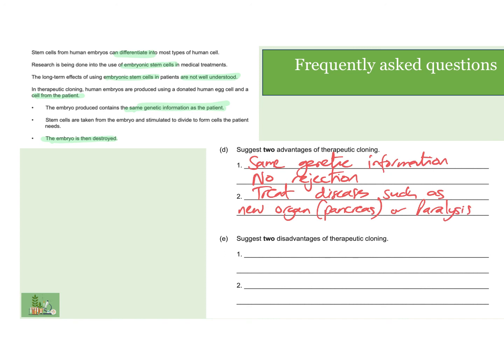So why would we not want to do it? Well, one, you're still using an embryo, which means there is a potential for life, which is our ethical issue, and there is a risk of virus transfer.